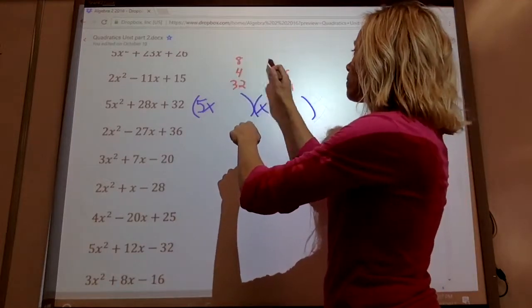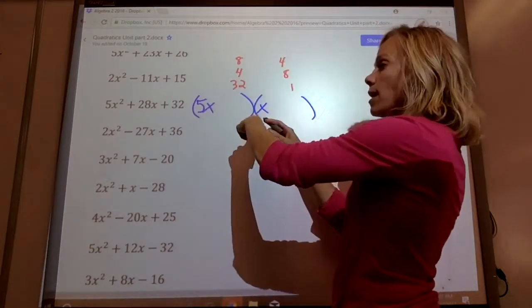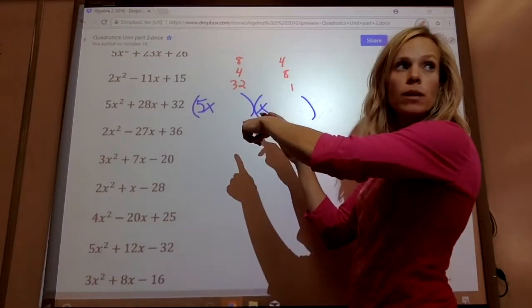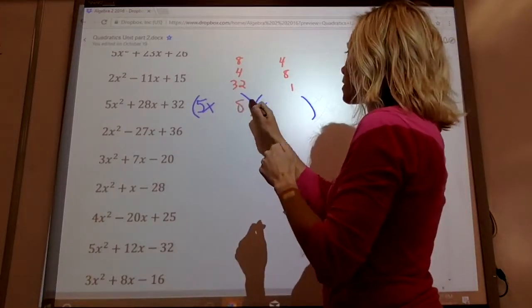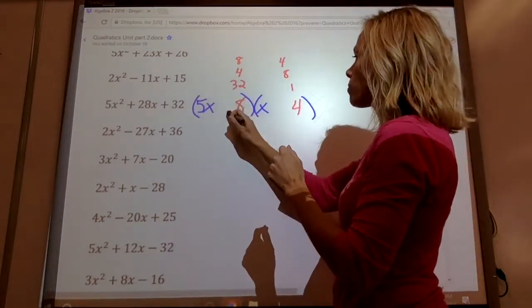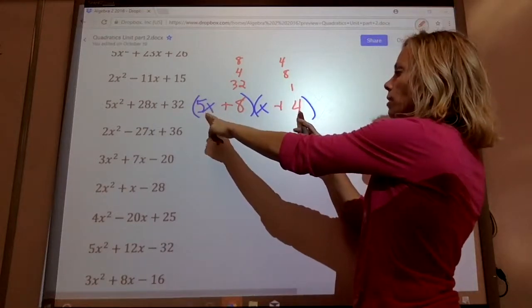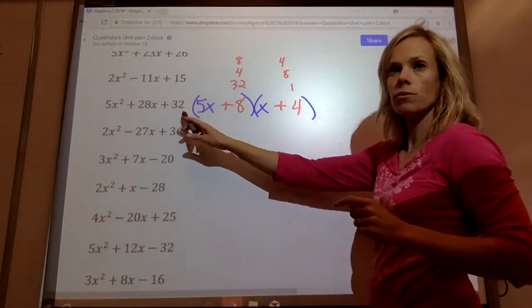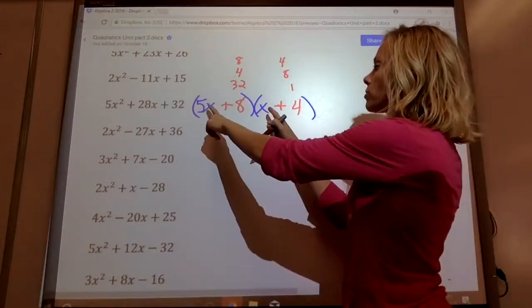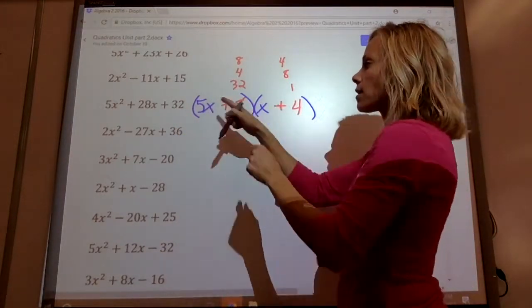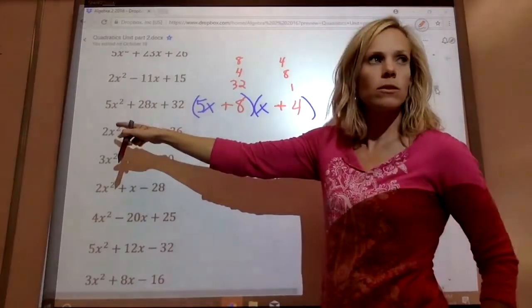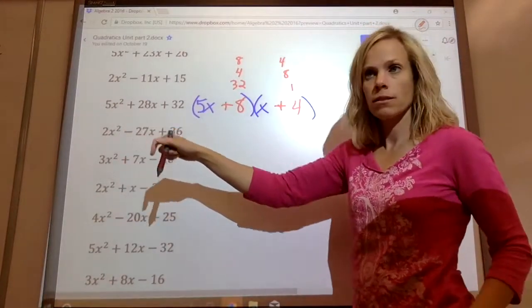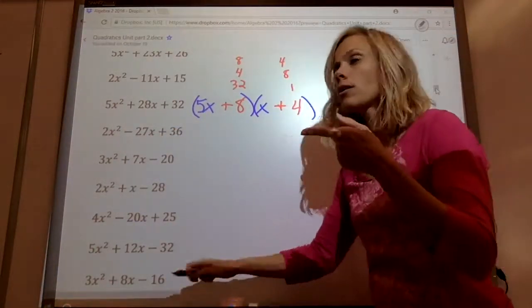No. 8 and 4? How about 20 and 8? Oh yeah, 20 plus 8 is 28. So I would go 8 and 4, both positive, because that'd be 20 plus 8 is 28, and 8 times 4 is 32. So if I FOILed first, outer, inner, last, I get that quadratic. So I factored it correctly. So let's look at the longer approach.